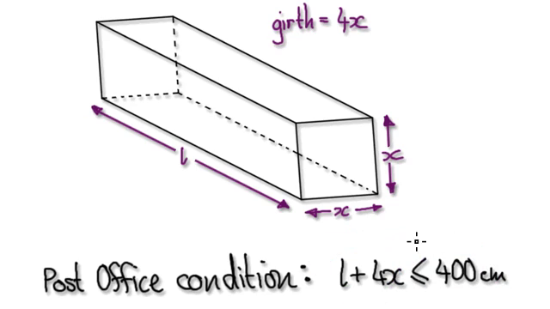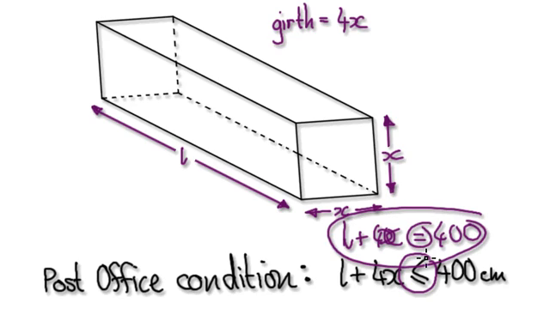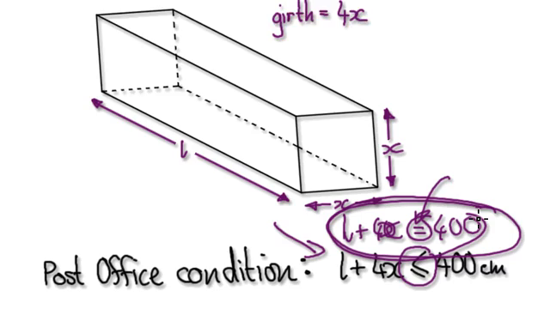So the biggest thing that we can send, let's say it equals 400. So make this equal to 400.